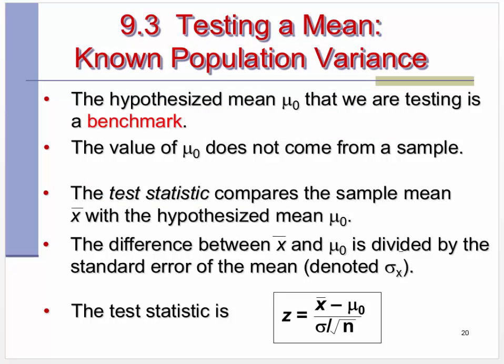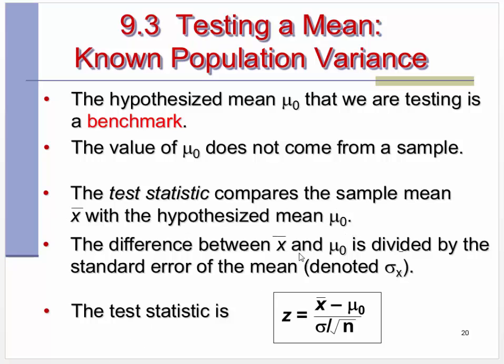Testing the mean. If the population variance is known, then how do we test the mean? The hypothesized mean mu0 that we are testing is a benchmark. The value of mu0 does not come from the sample, right? It's from the benchmark, from the population. The test statistic, though, compares the sample mean x bar with the hypothesized mean mu0.